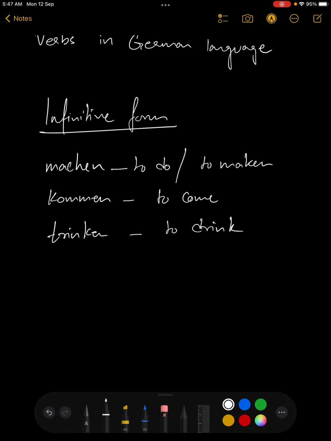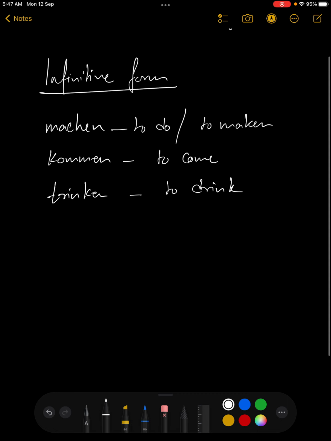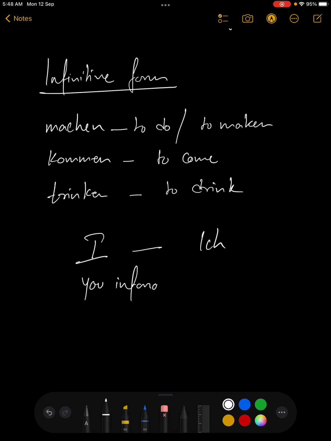Now I'll conjugate each of these verbs to show you how they change. Before I conjugate, let me show you the pronouns or subject forms that we use. Alright. The corresponding word for I in German is ich. For you informal, it's du.